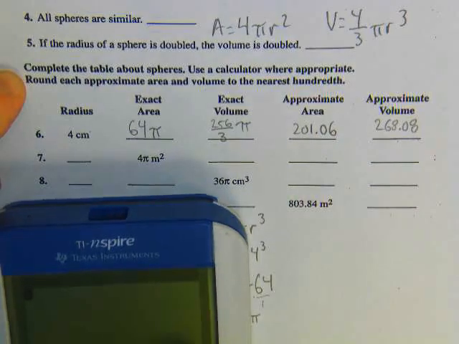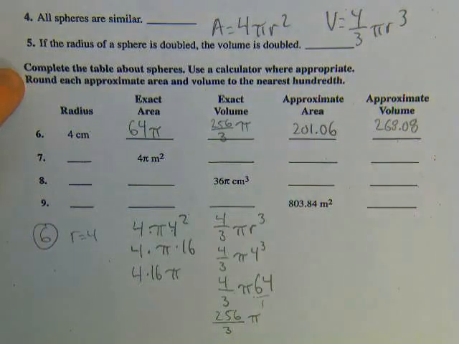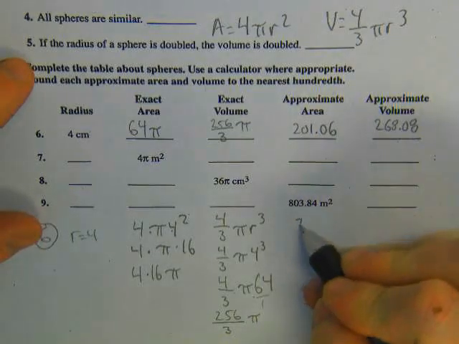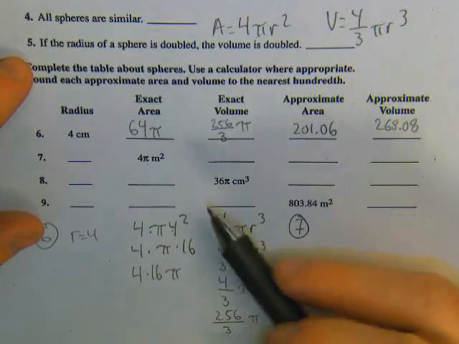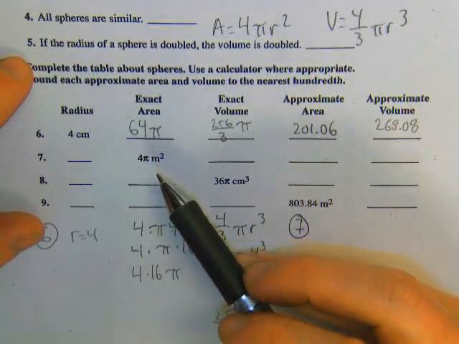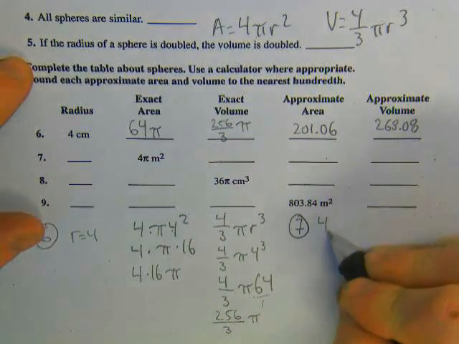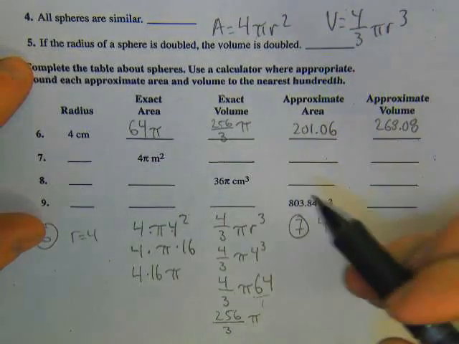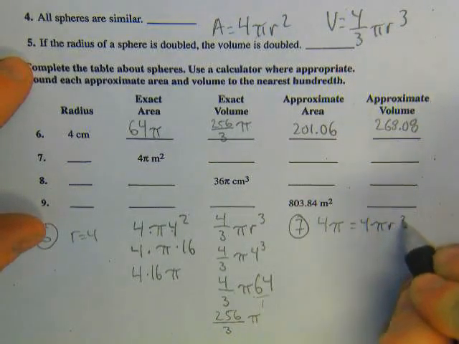Alright, so now we got to work backwards. This is 6. Do 7 over here. If the exact area is this, then let's find the radius. So the exact area is 4 pi, and the formula for area is 4 pi r squared.